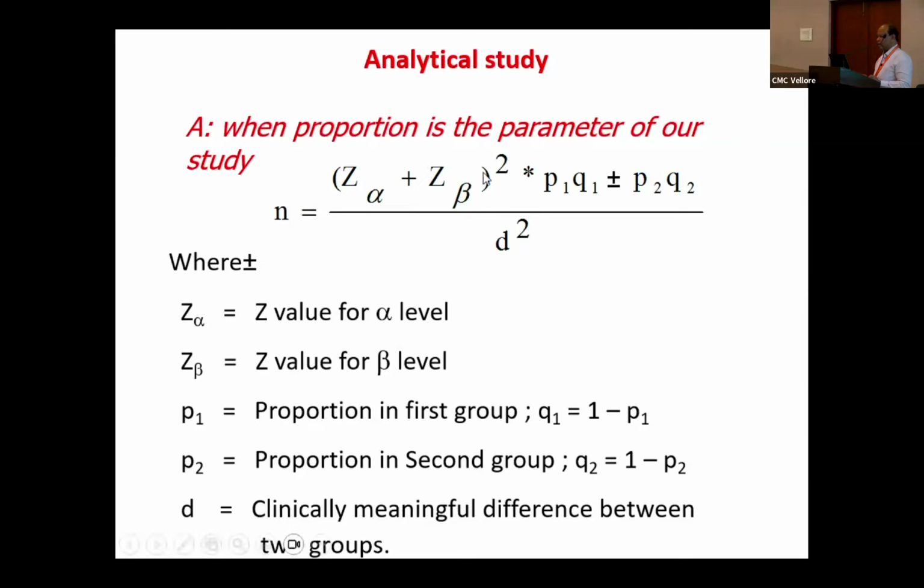And this is the event rate in arm 1 and the event rate in arm 2. Q is the complement of P1, or Q1, and so on. Q is the complement of P. Is that okay? If I say with a 10% cure rate, 90% no cure. That is how you substitute the values. Basically, the D tells you the difference between P1 and P2.